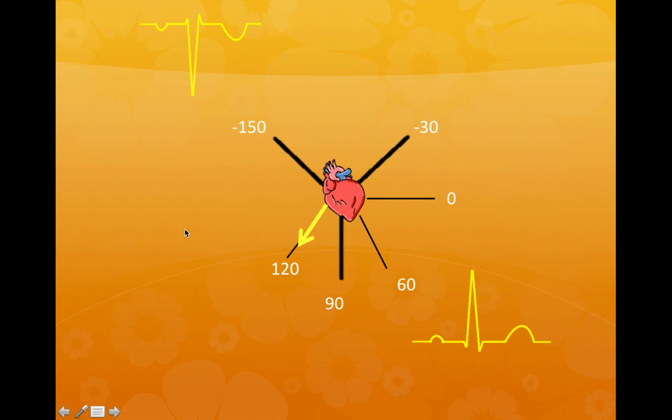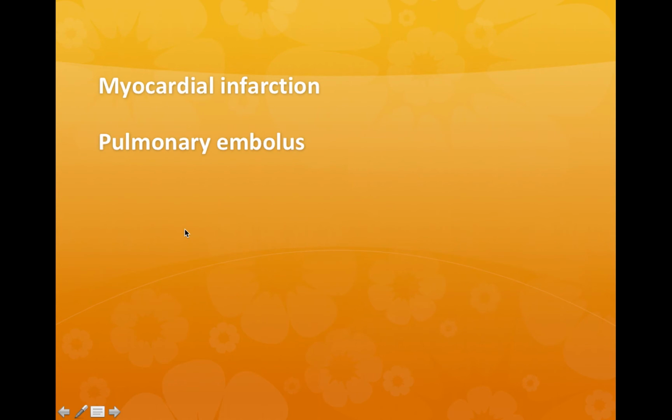And now I'll show you some of the causes of right axis deviation. Again, a myocardial infarction just depends on the location. And there you can see pulmonary embolus. This should underline how important it is to identify a deviated axis, especially a new onset deviated axis. You have to rule out a PE, especially in the clinical context.